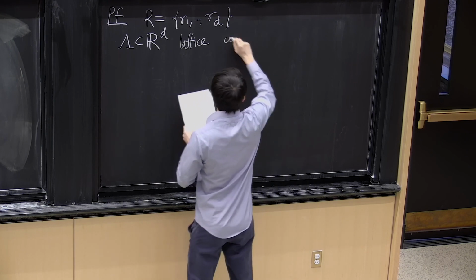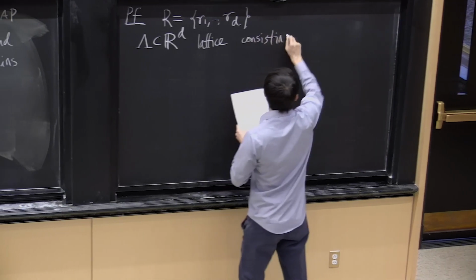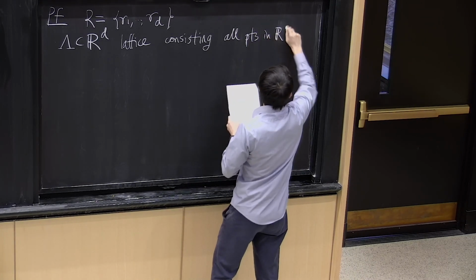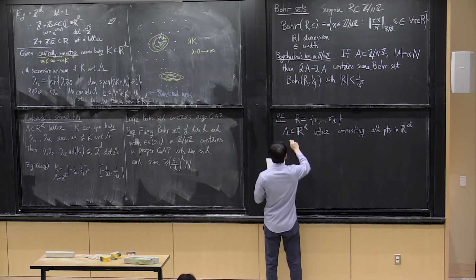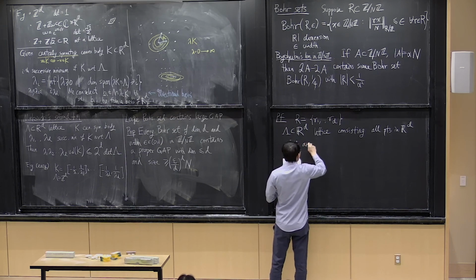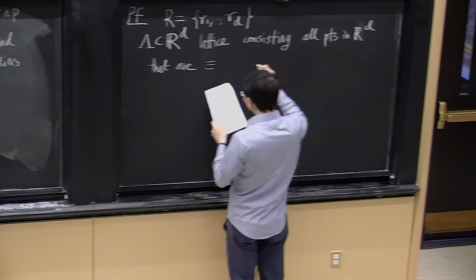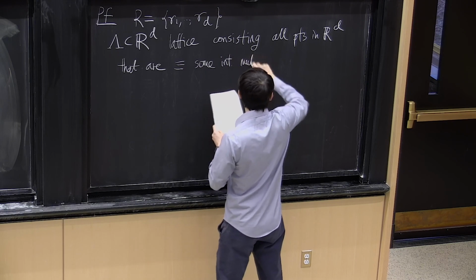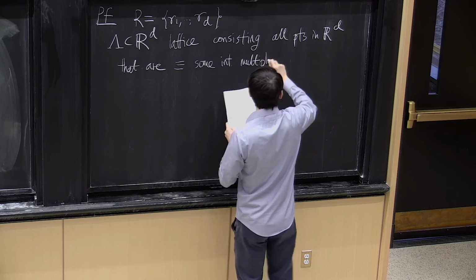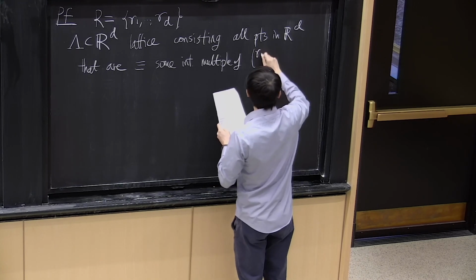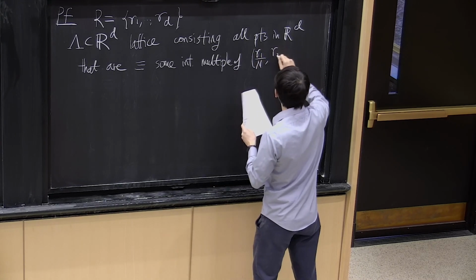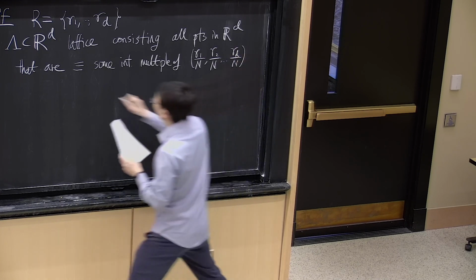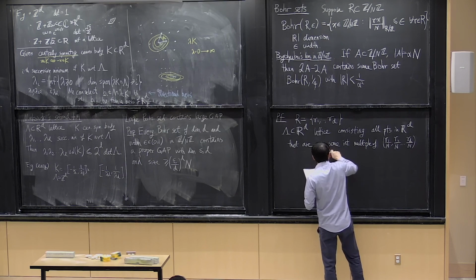It consists of all points in R^d that are congruent mod 1 to some integer multiple of the vector (r_1/n, r_2/n, through r_d/n). So congruent mod 1.